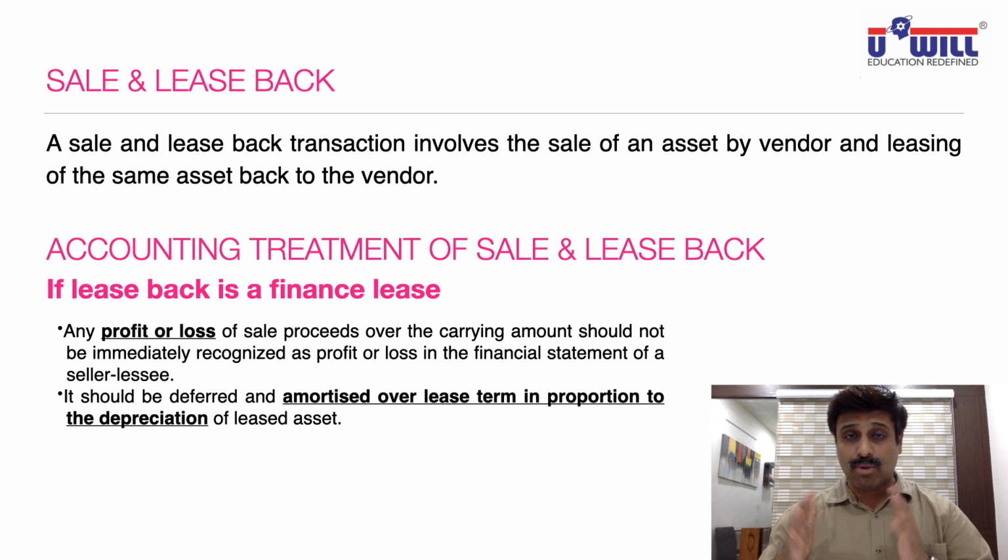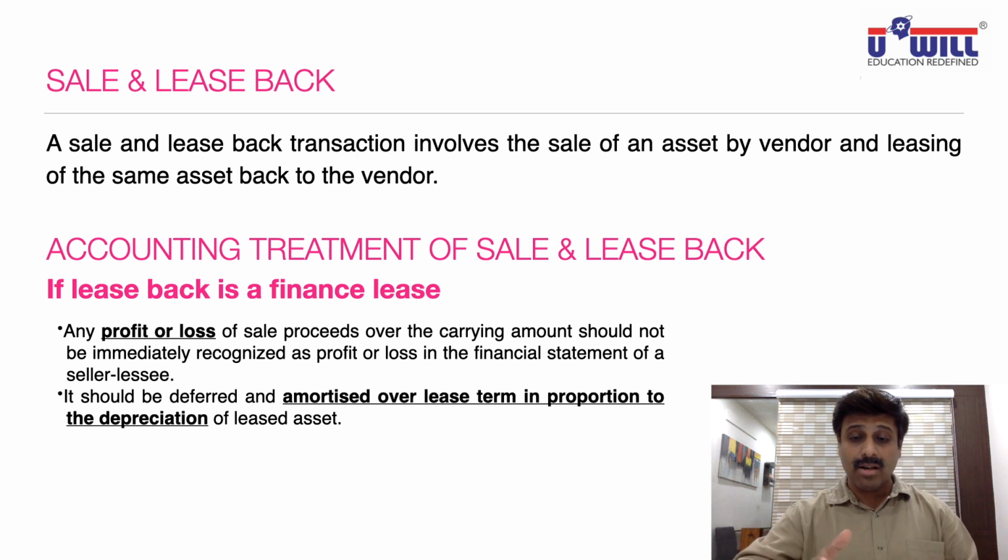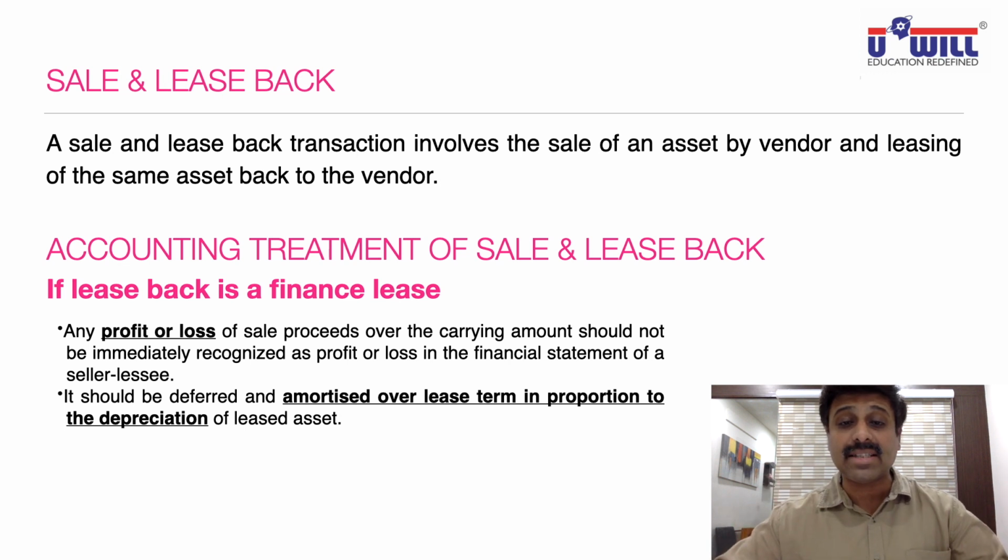Whatever profit I earn, suppose finance lease, meaning that car example. Suppose the value of that car is 10 lakhs. I sell it for 12 lakhs and then I take it back on lease. So I earn a profit of 2 lakhs. What will I do with that 2 lakh rupees? It should be deferred and amortized over the lease term in proportion to the depreciation of the leased asset.